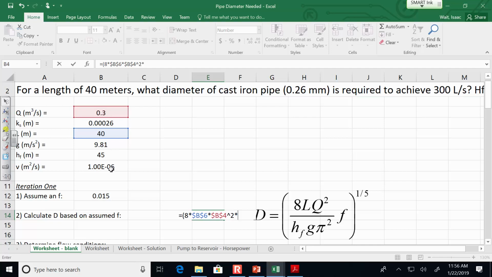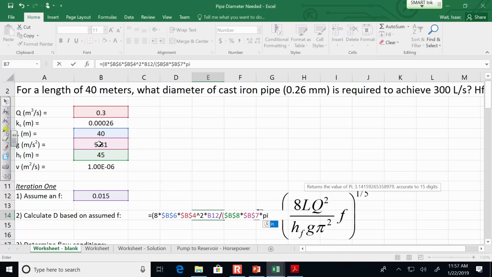Times the F value divided by H sub F times G times pi squared, and then all of that to the 1/5 power.